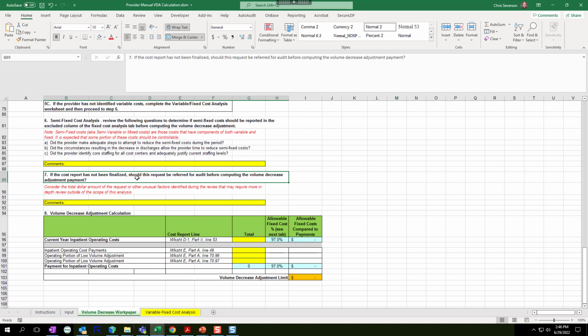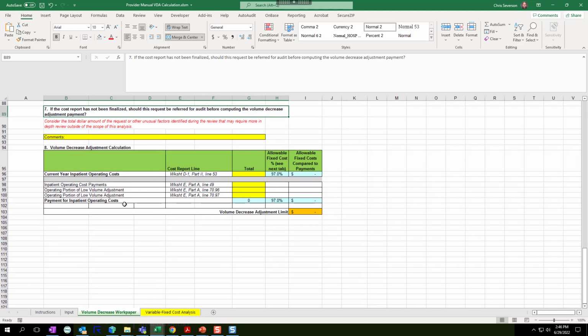Number 7, if this cost report has not been finalized and we're looking at it in the interim, should it be referred to audit? Do we need to review that in more detail? So again, that's if the auditor sees unusual factors with the cost, unusual differences from year to year, or any other reason. And then we end up with the volume decrease adjustment calculation, as we said earlier.